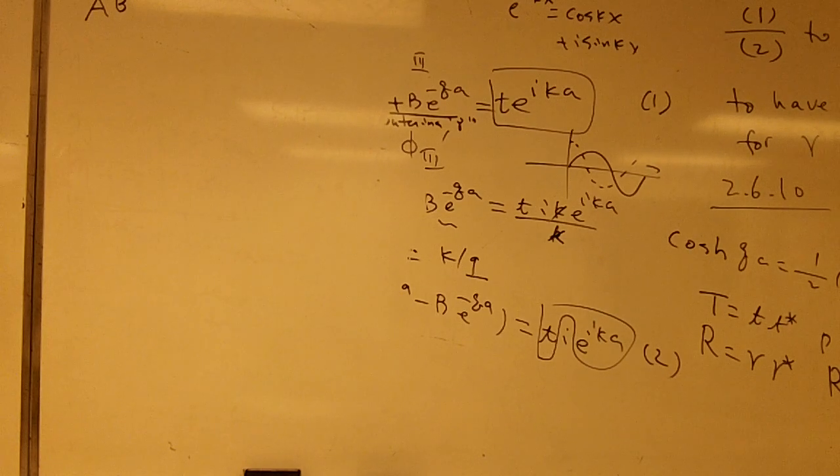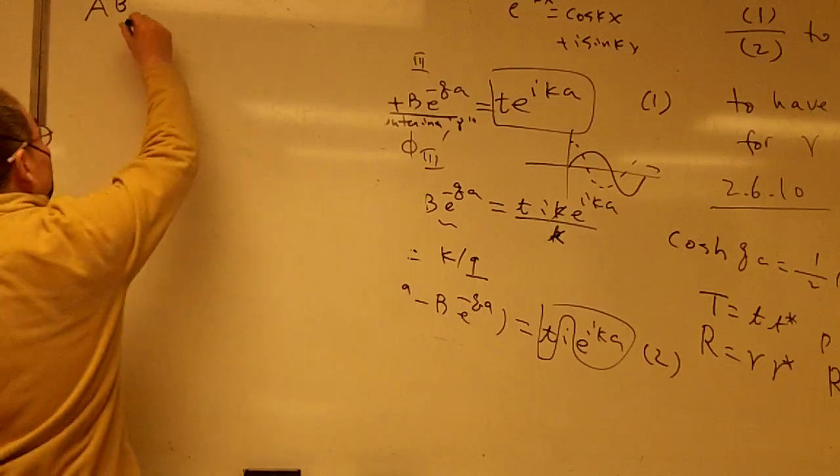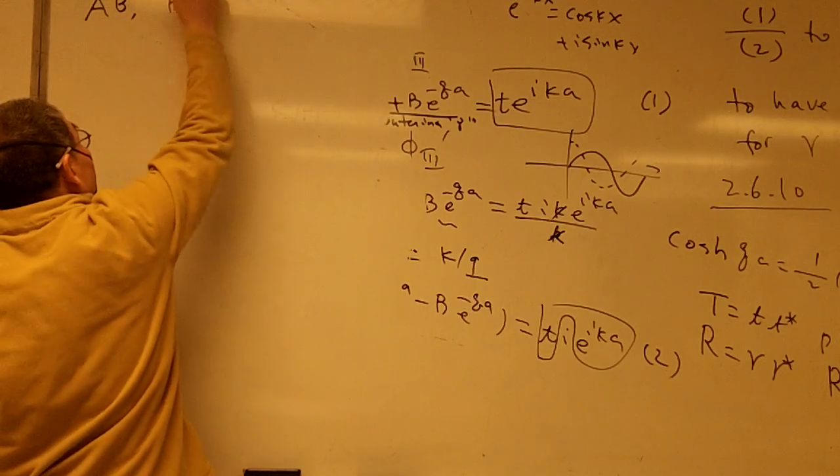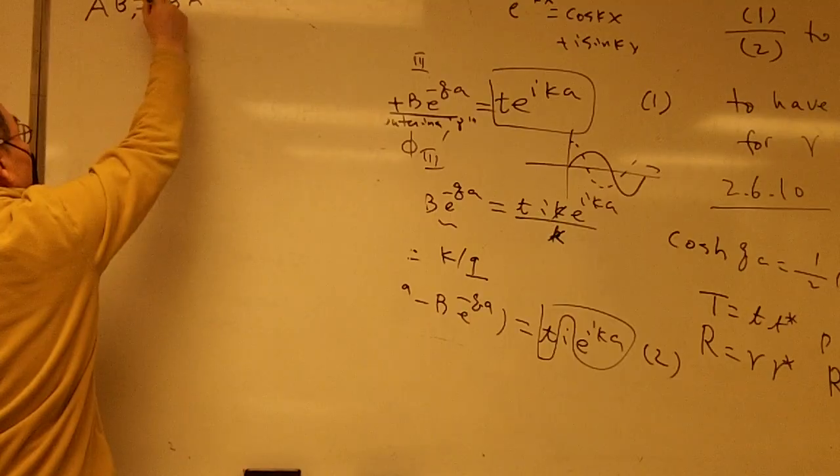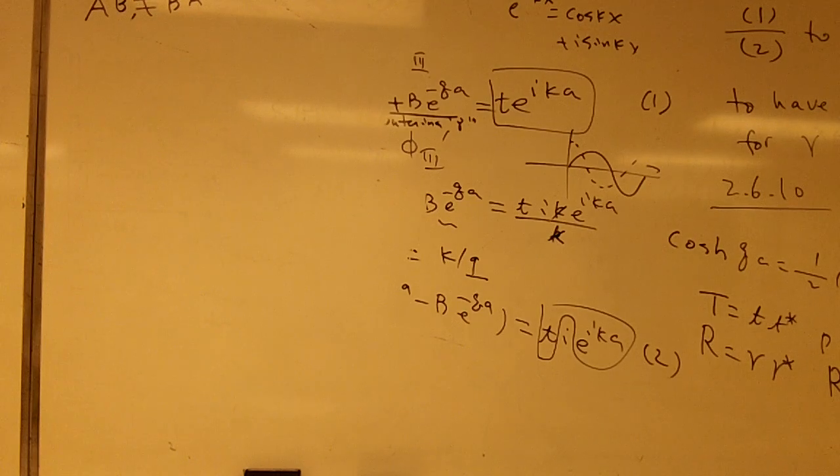Which means this is called multiplication. If I swap the order of these two operators, like B and A, normally these two are not equal to each other. Normally they are not equal to each other.